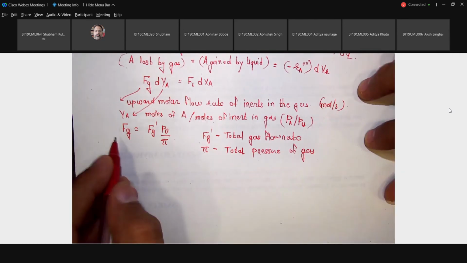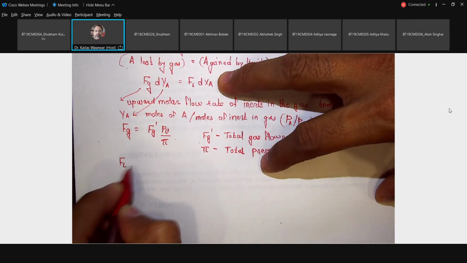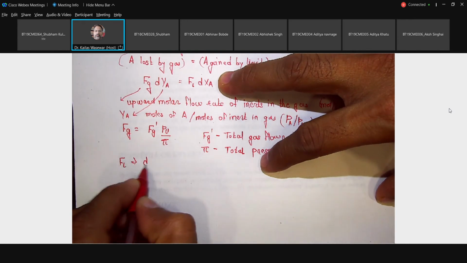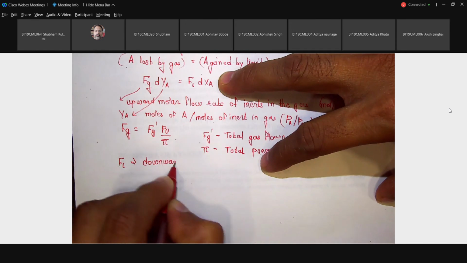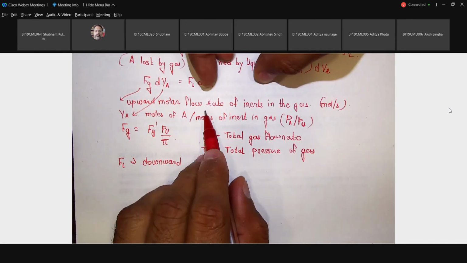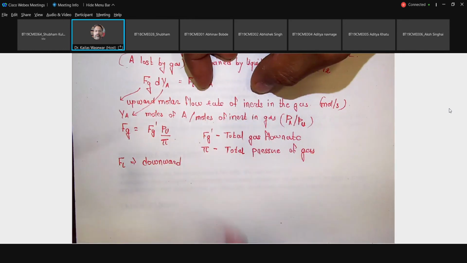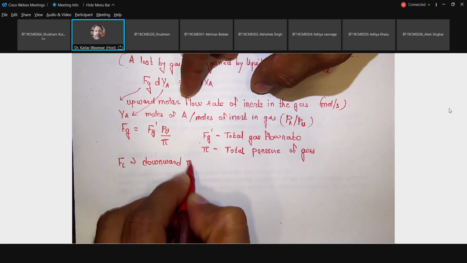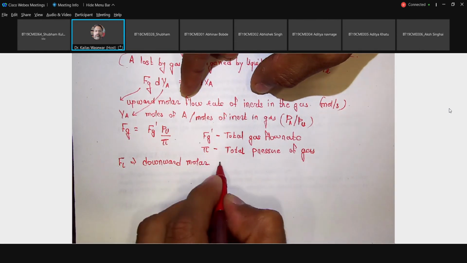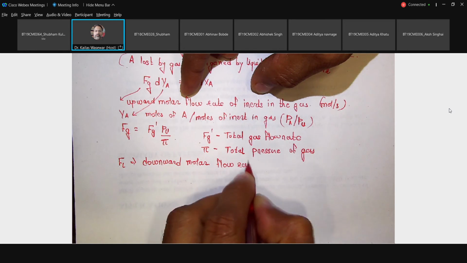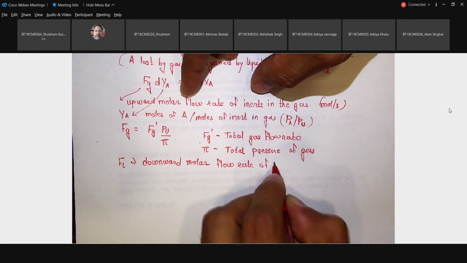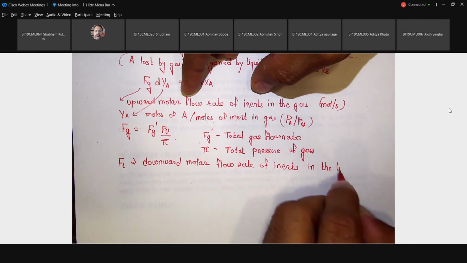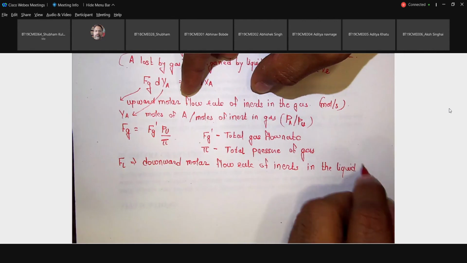From this one, FL will be the downward molar flow rate of inerts in the liquid, but that inerts may be different than the gas. Again, that it has the moles per second, is it?